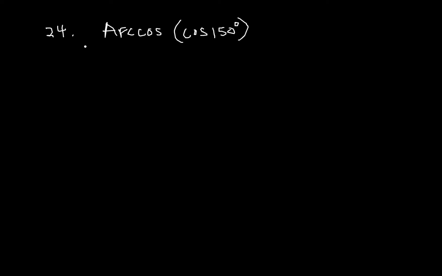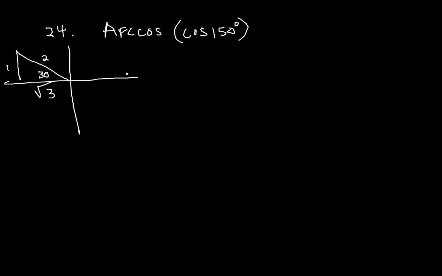So let me just see, 24. We can do this one. Let's see, 150. Okay, so if we are going to graph this, let me just show you this. If we were going to put this in here at 150 degrees, this would be 30, right? 1, 2. You don't have to do all this work.